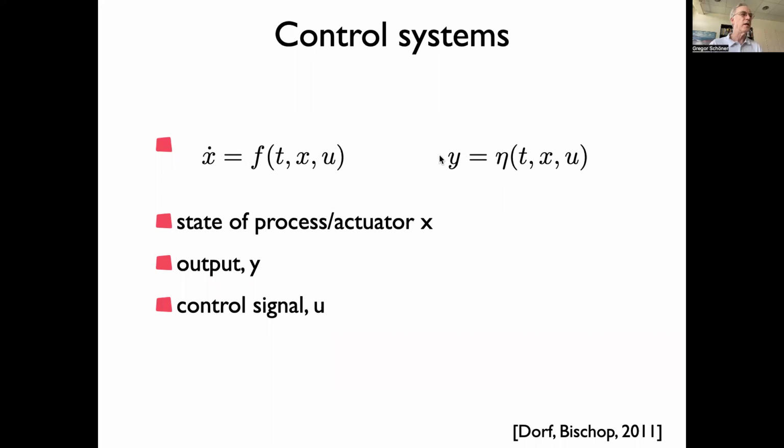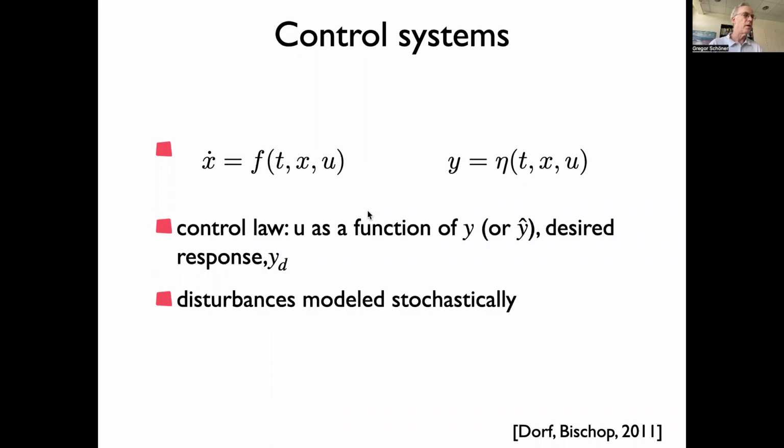That is, for instance, what the sensors would inform you about, the outcome of this. And so the control law is a formulation in which this control signal is some function of that. In practice, it's a function of some estimator of that, because this would be the physical output, but then you have maybe some sensory process that allows you to estimate that output, and engineers have special methods of how to optimally estimate that.